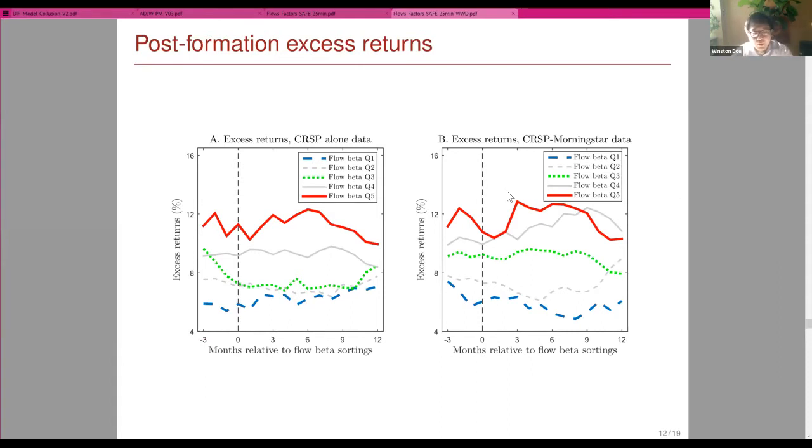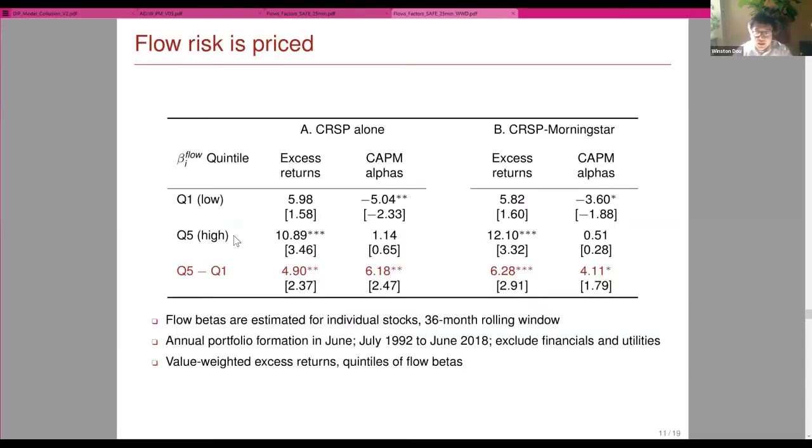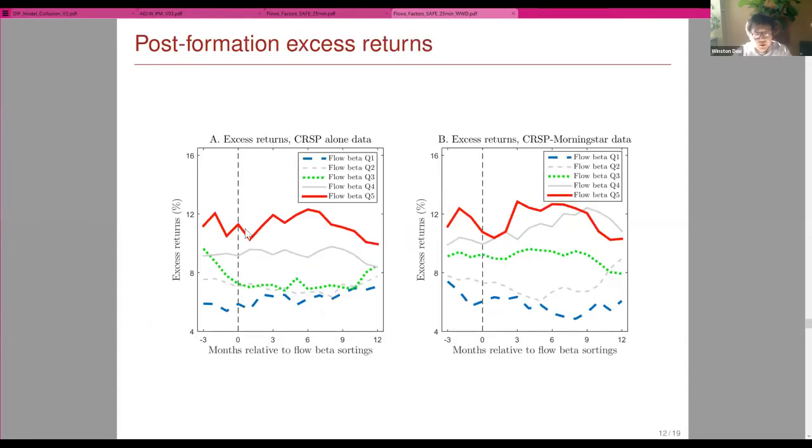So we do two things. First, we look at the post-formation excess returns. So now in this table, we look at next month's stock return. Here we look at a much longer post-formation period, 1 year, 12 months. Whether the significant difference in the excess return still shows up. Yes, it is the case.